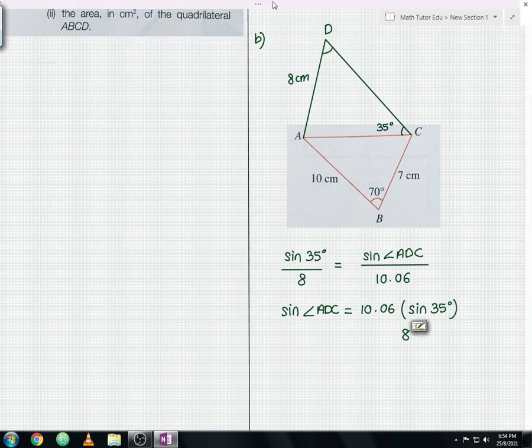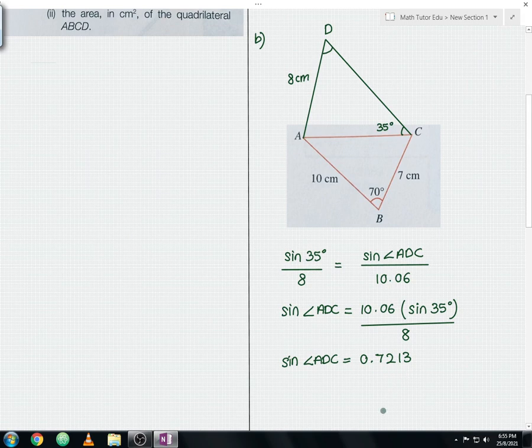So let me underline the fraction. So you calculate this. So from here you should get sine angle ADC is equals to 0.7213. Basically I came up with this value close to the fourth decimal place.